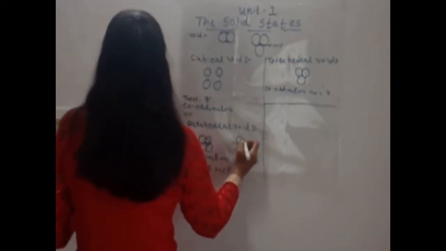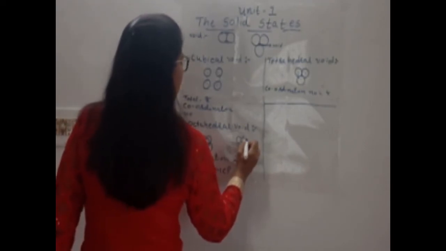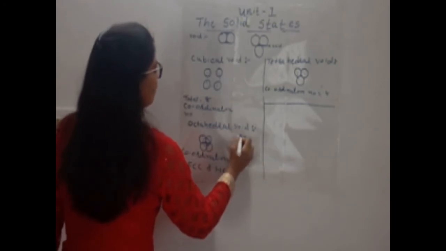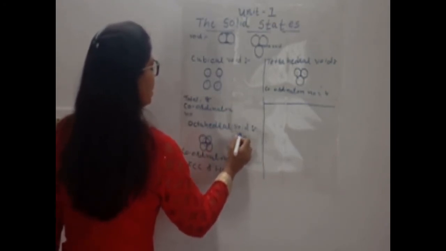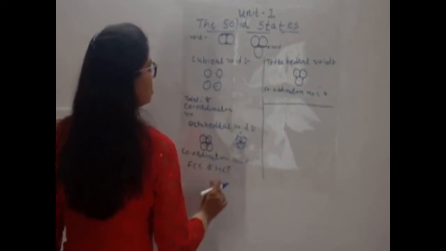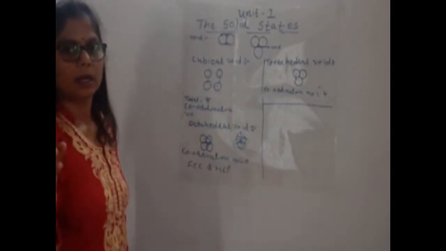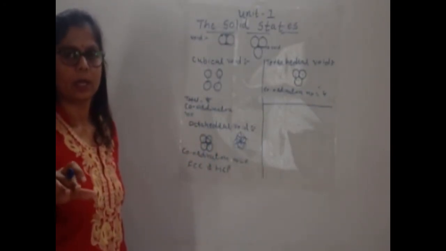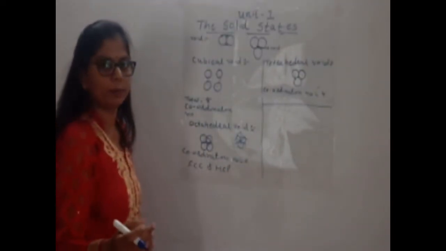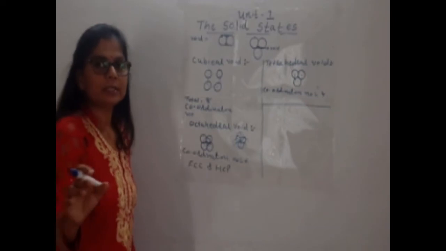This is the one sphere, another sphere, and third sphere. Now try to cover these 3 spaces: one sphere, another sphere, and another sphere. So 3 spheres are at the bottom, and try to cover this void of the 3 spheres which is developed. Another 3 are kept, and this way the arrangement is made up.